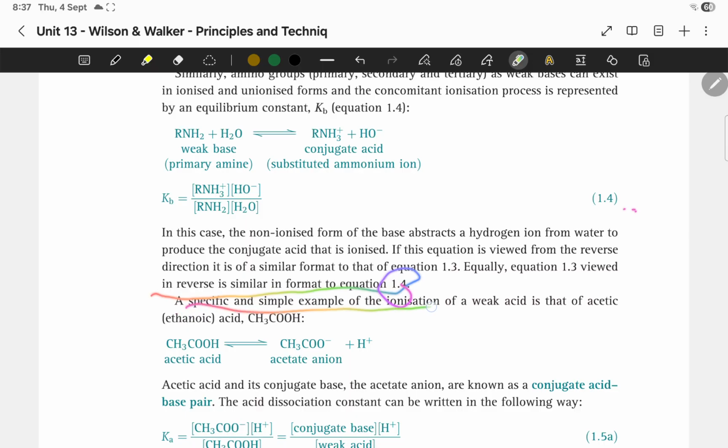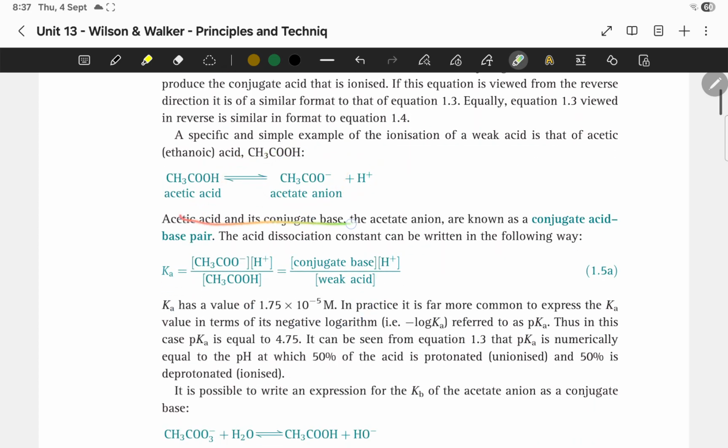A specific and simple example of the ionization of weak acids is that of acetic acid, ethanoic acid. CH3COOH is taken and it will lose an H, so it becomes acetate ion.